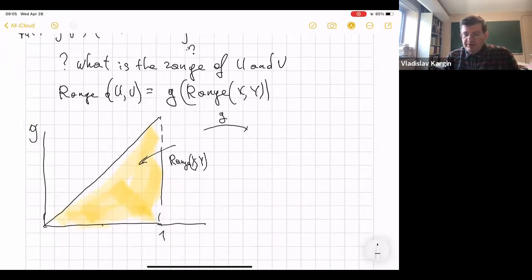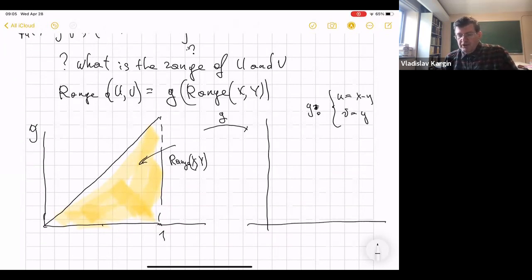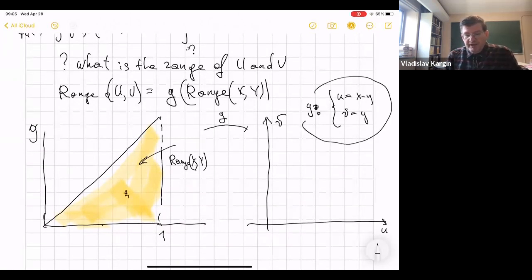And remember that g was given by the formulas u is equal to x minus y, and v is equal to y. So it's mapped to some region where this is u and v. The question is, what is the image of this triangle under this transformation?